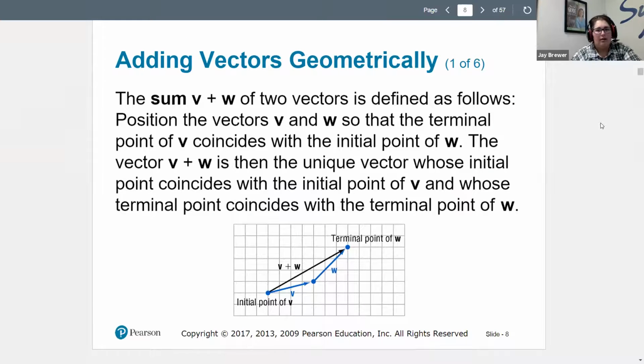So if we sum v and w, then position the vectors v and w so that the terminal point of v coincides with the initial point of w. So that's important to realize. The vector v plus w is then the unique vector whose initial point coincides with the initial point of v and whose terminal point coincides with the terminal point of w. You can see it drawn out.